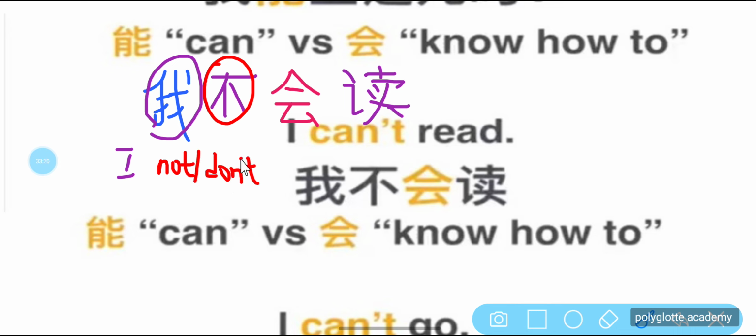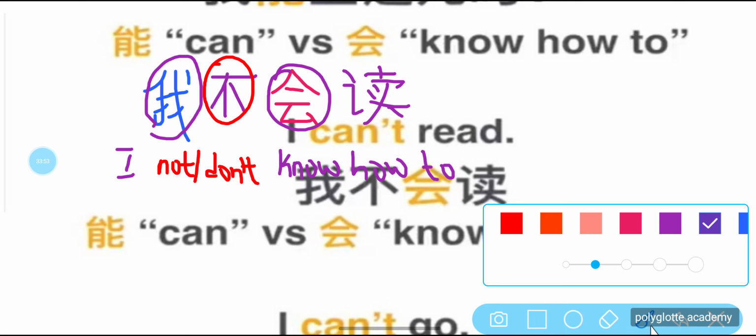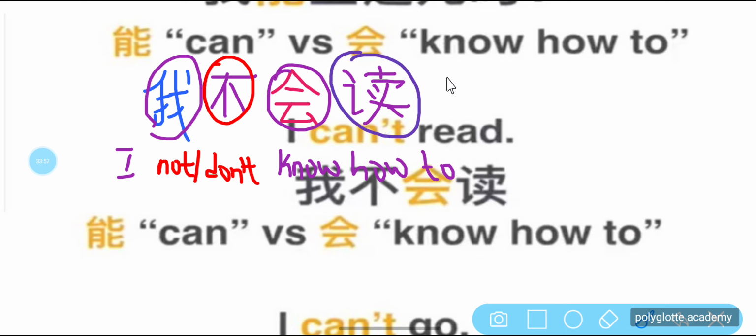Then hui, which means to know how to. Then the last character is du, which is the character to read. So in Chinese, to read is du.